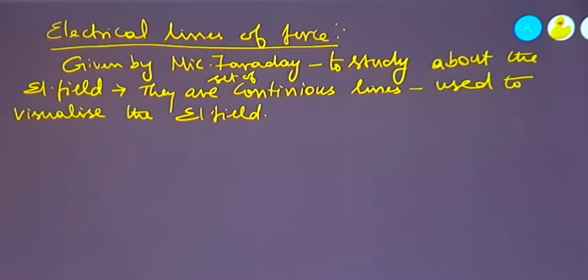For what purpose? To study the electrical field, to study the strength of the electrical field. The electrical lines of force are said to be a set of continuous lines, and they are used to visualize the electrical field.